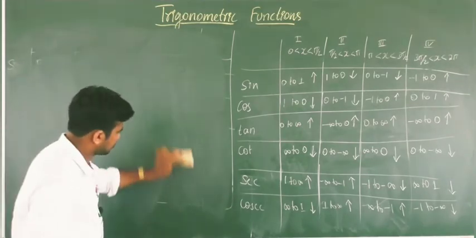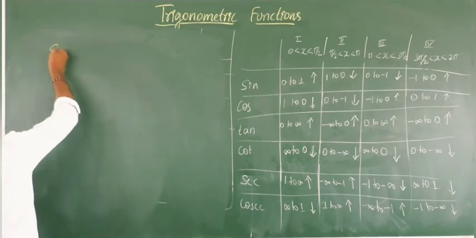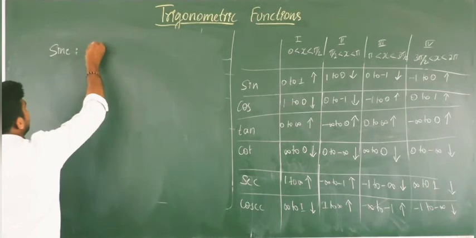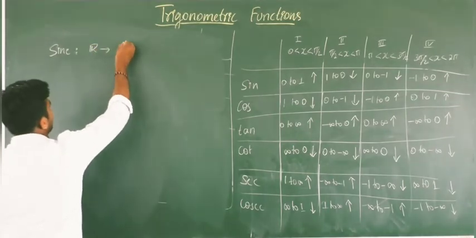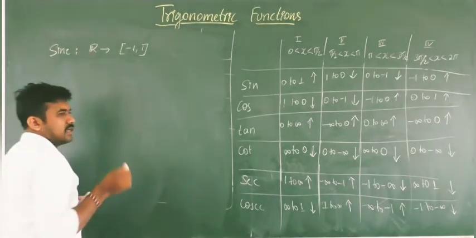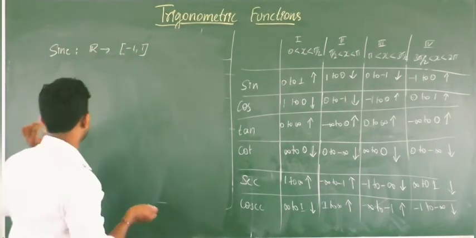See here, if I take the sine function, you know it is defined from real numbers to the closed interval -1 to 1. That means the domain is real numbers and the range is the closed interval -1 to 1.